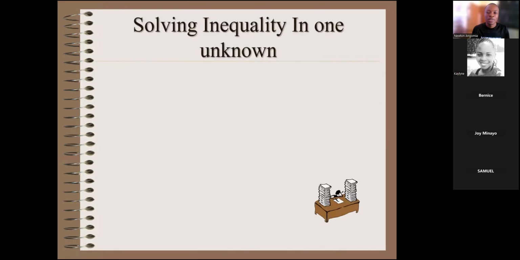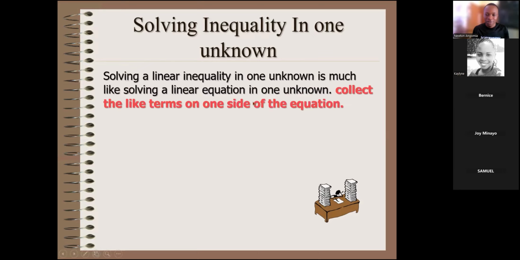Next, let us look at solving inequalities in one unknown. This is also not new to us, just a repetition. To solve a linear inequality in one unknown, it's just the same as solving a linear equation, or an algebraic equation in one unknown.